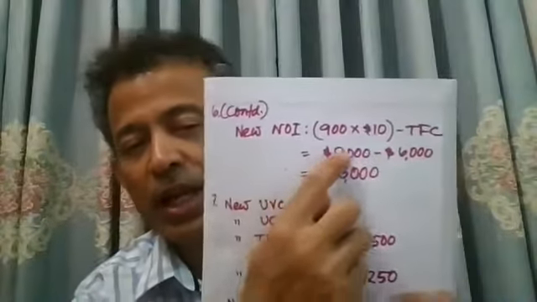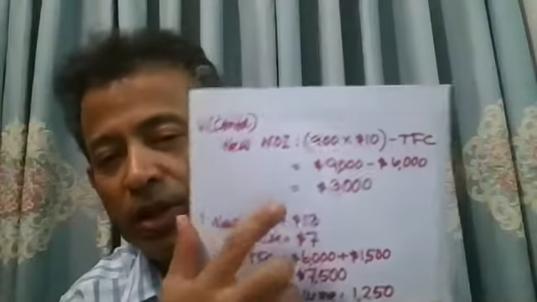It's actually $10, because 22 minus 12 is 10. So if we keep making $10 on each unit, how much do we make on 900 units? Of course, $10 times 900 is $9,000, and then we subtract the fixed cost, so our profit would be $3,000.